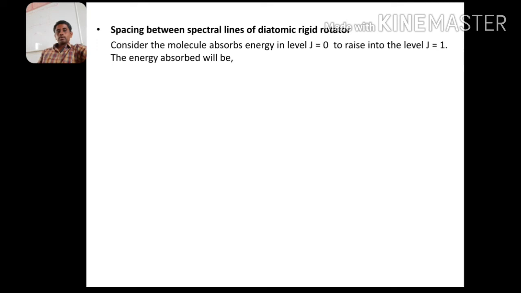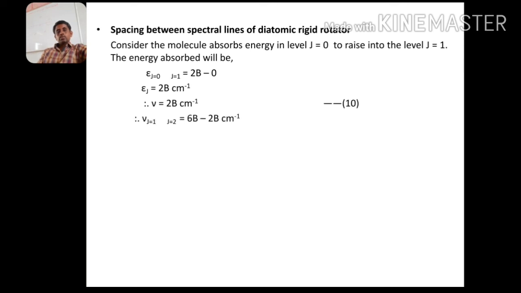The energy absorbed by the molecule will be epsilon for J is equal to 0 to J is equal to 1, which is 2B minus 0, as B is equal to the rotational constant. Epsilon is 2B per centimeter. Therefore, nu is the frequency, and epsilon expressed in frequency is equal to 2B per centimeter. This is equation number 10.